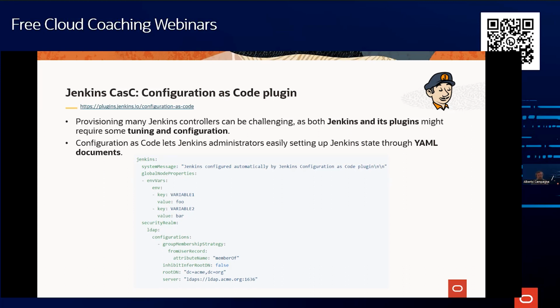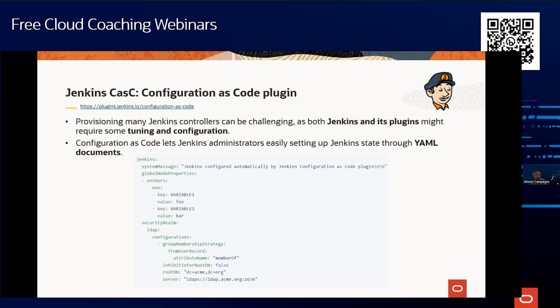We have seen that we instantiated many Jenkins controllers, and the problem is that the Jenkins controller needs to be configured for every use. So if I give a Jenkins controller to team star and another Jenkins controller to team alpha, every time I instantiate a new Jenkins controller, I have to reconfigure everything.